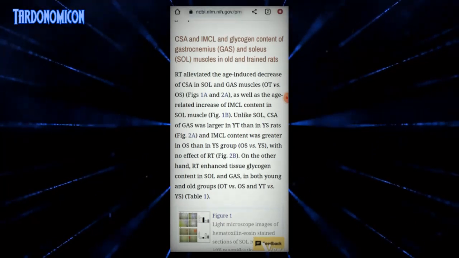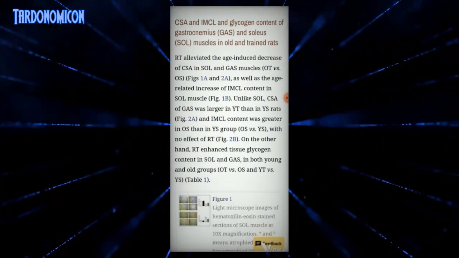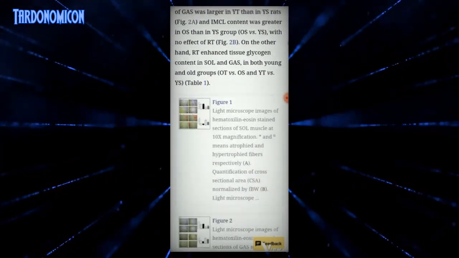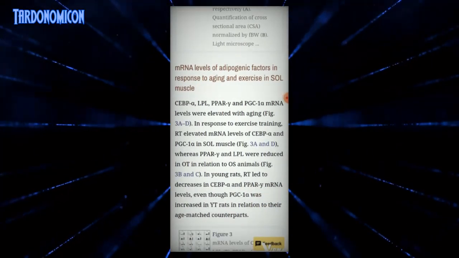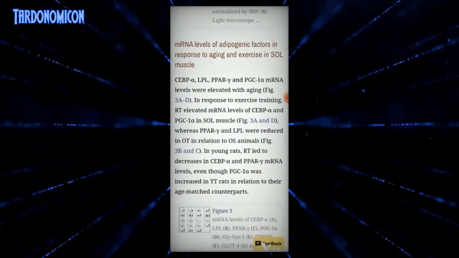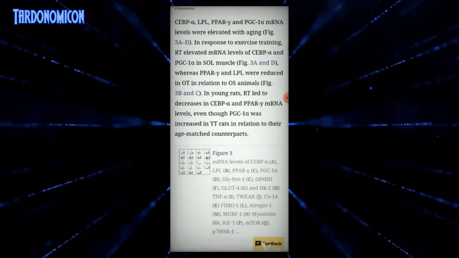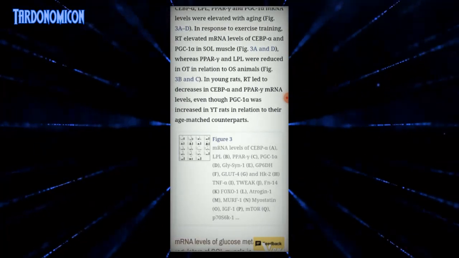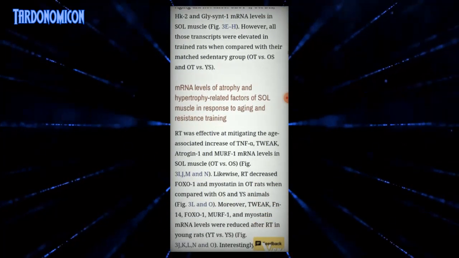Resistance training alleviated, so keep this in mind, resistance training alleviated the age-induced decrease of these various molecules, okay? mRNA levels of adipogenic factors in response to aging. So in response to exercise training, resistance training elevated mRNA levels of these various molecules here. Aging did not affect these molecules.